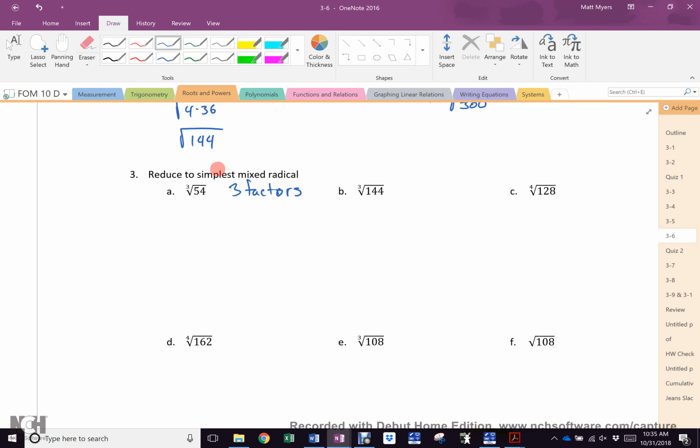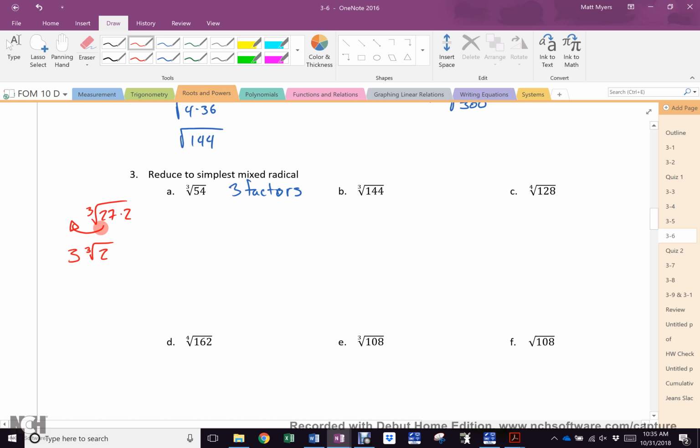Perfect cubes. Is there a perfect cube that works with 54? 27. So if I was doing the expert way, cube root of 27 times 2, yeah? What is the cube root of 27? 3. So what would come out? 3 cube root. What did I leave under there?